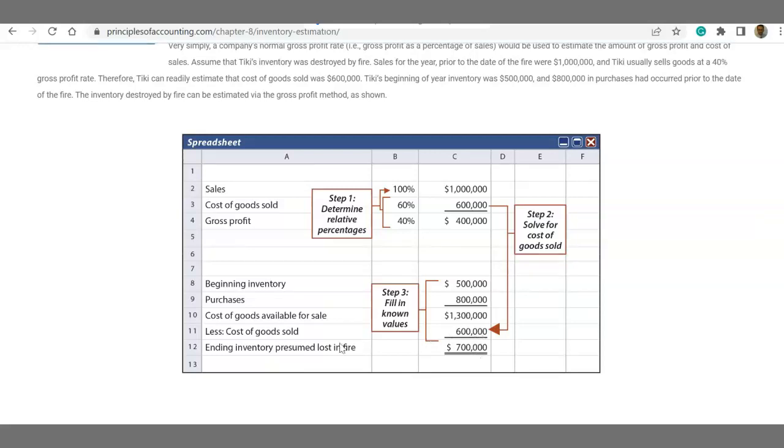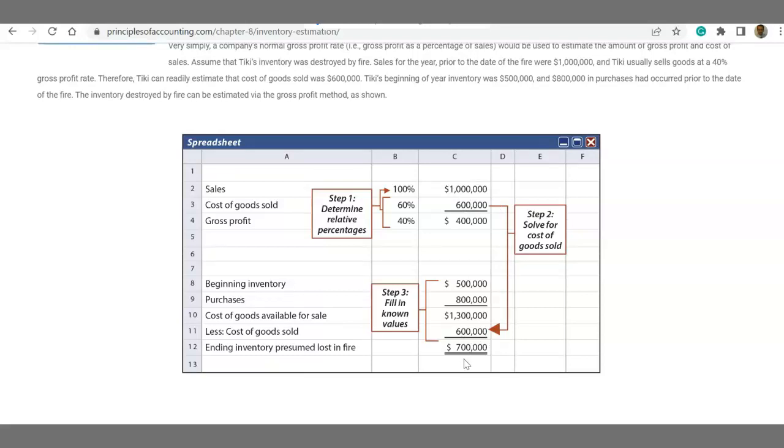So even though the ending inventory was lost in the fire and you never had a chance to count it, because you know that your cost of goods sold is 60% and your gross profit is 40%, you can use the percentage of sales that you know for sure, and you say, okay, 60% of 1 million is 600,000.